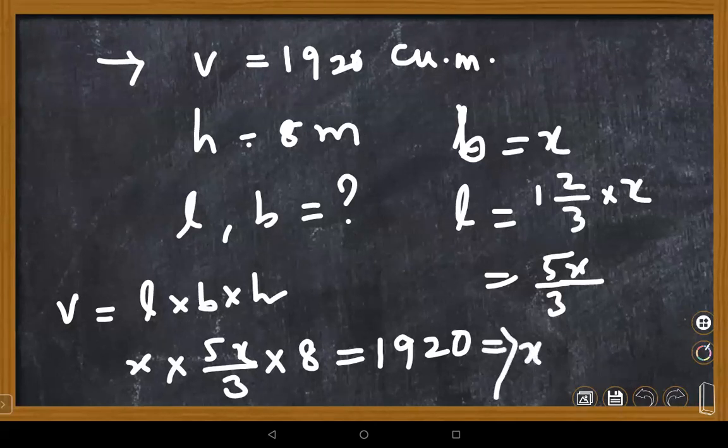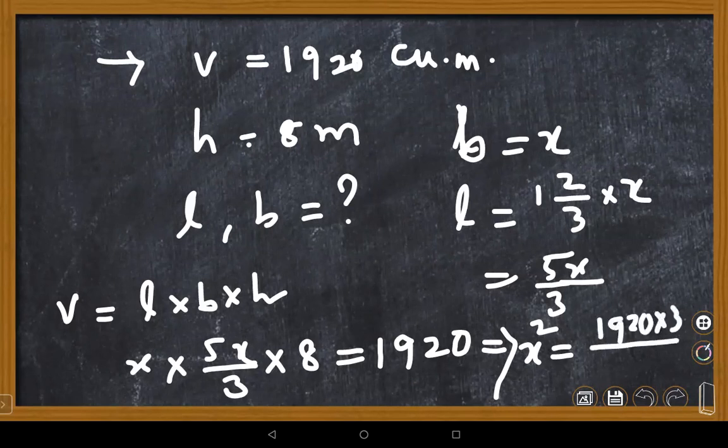The rest of the portion, 1920 multiplied with 3 and divided by 5 and 8, because whatever numbers are in multiplication, they come under division when moved across, and division comes under multiplication. So you simplify here.